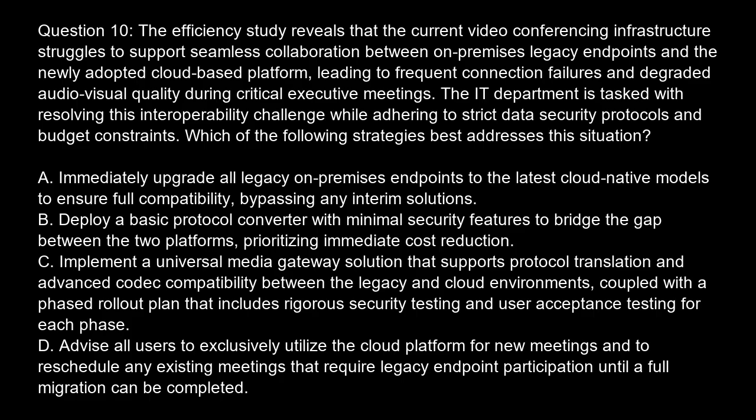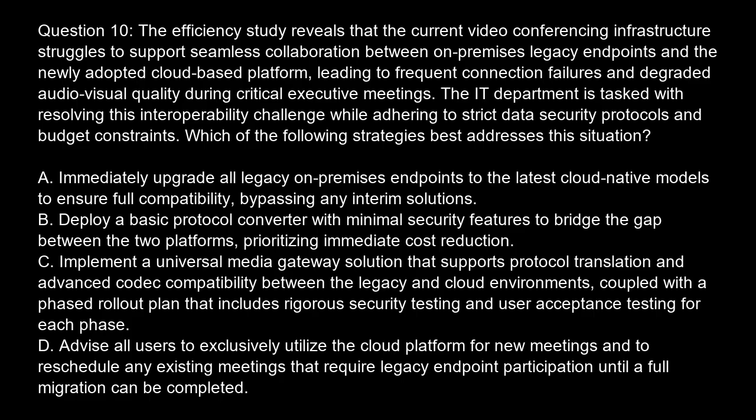Option A. Immediately upgrade all legacy on-premises endpoints to the latest cloud-native models to ensure full compatibility, bypassing any interim solutions. Option B. Deploy a basic protocol converter with minimal security features to bridge the gap between the two platforms, prioritizing immediate cost reduction.